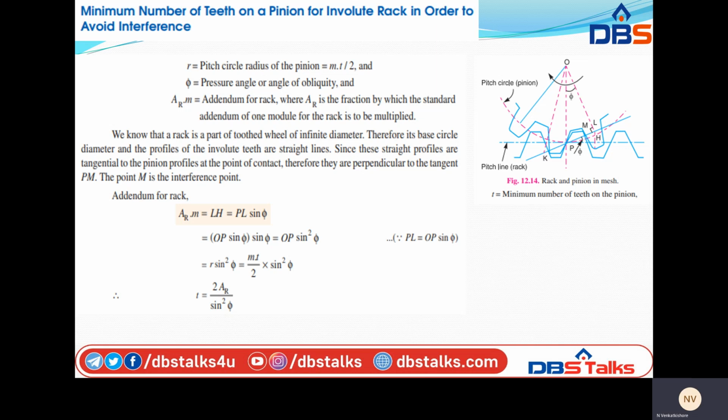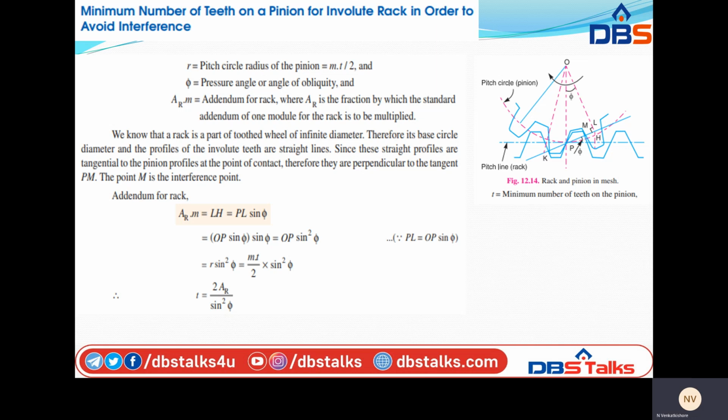So we know that the rack is a part of the toothed wheel of infinite diameter. Infinite diameter means the rack is just like a straight line. So what is the diameter for the straight line? As we know, it is an infinite diameter. Therefore its base circle diameter is infinite and the profile of the involute teeth are straight lines.